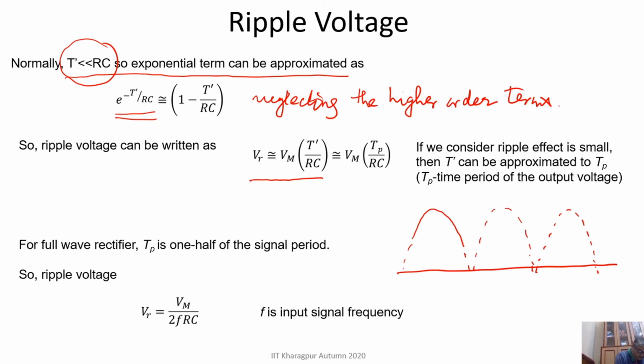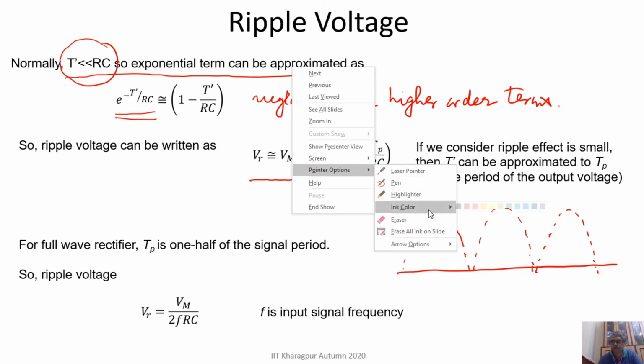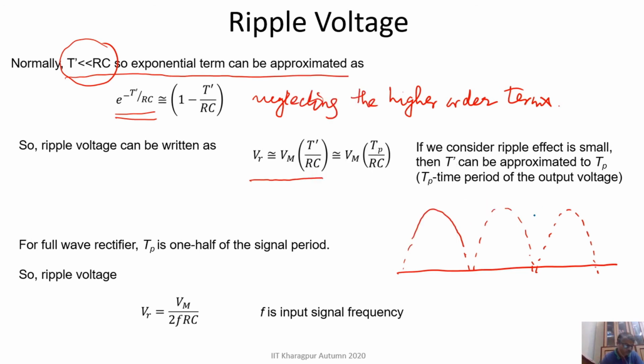So this is the rectified signal, and the output, so say this is charging, this is discharging, this is charging again, this is discharging. So that is basically my T dash, right?